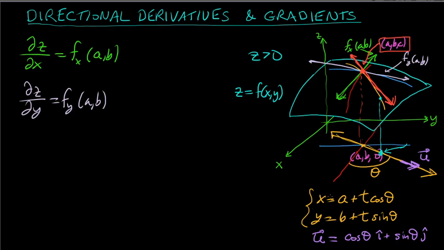Well, it's just some value of t, which is essentially the distance between those two points. So this point will have coordinates x, y, 0, where x and y are a plus t cosine theta and b plus t sine theta. I just don't have space to squeeze all that in here.